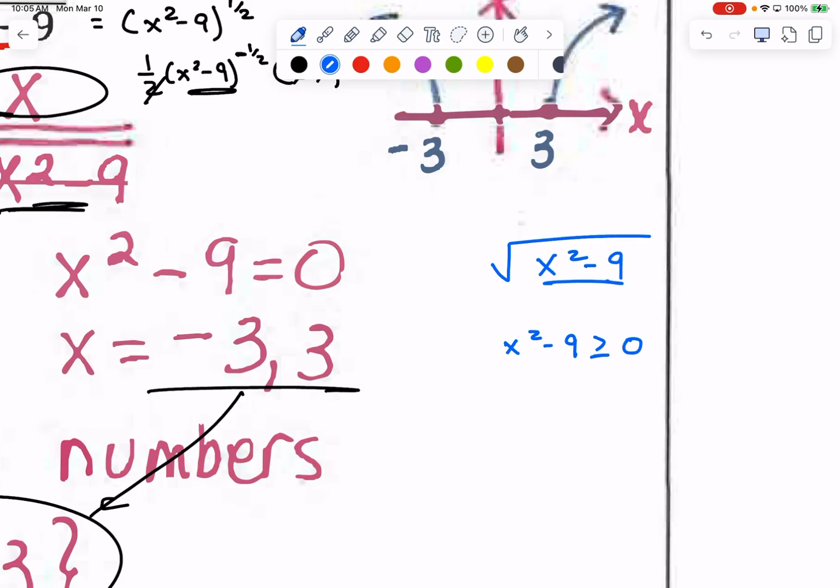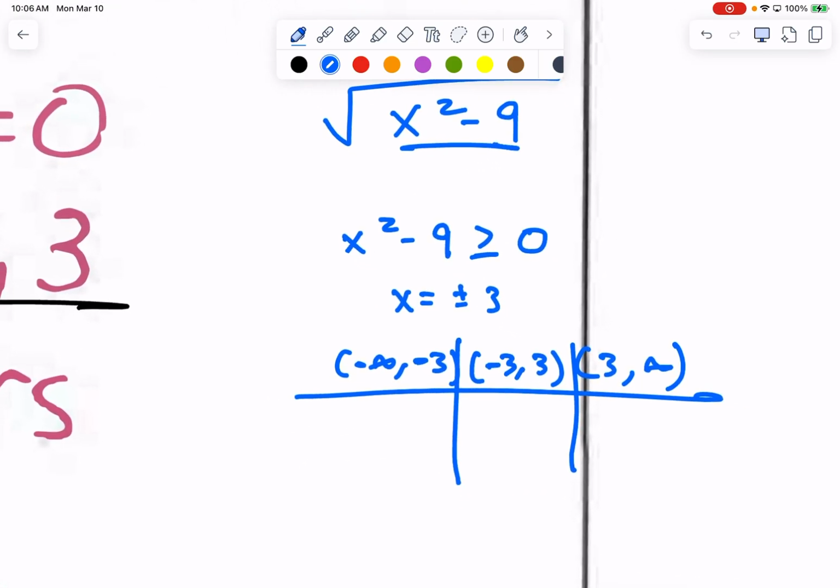So find your critical values for that. What do you get? Or find your values where it equals 0. What does it equal 0 at? Plus or minus 3. So if I did a sign analysis, it'd be from negative infinity to negative 3. Yeah, but you got to know which ones to cross out. Okay?